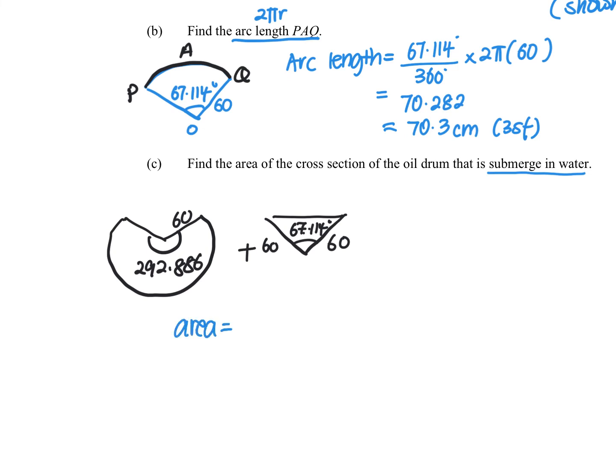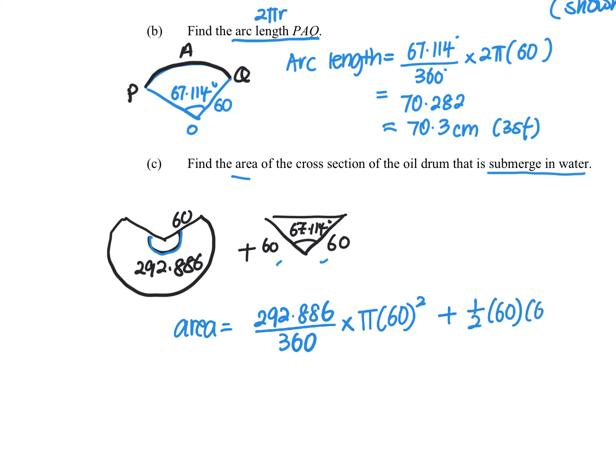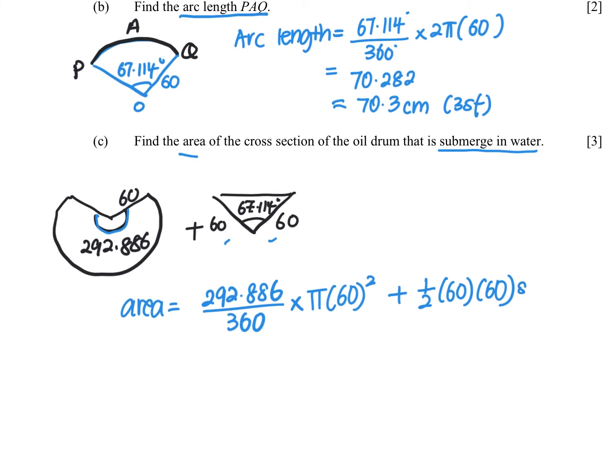So finding the area of the cross section that is submerged in water: area of the major sector is theta over 360 times pi r squared, and I need to add the area of the triangle. This one is half ab sine C. Keying everything together, let us work out the total final answer.